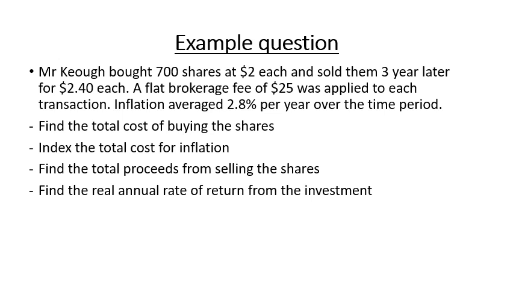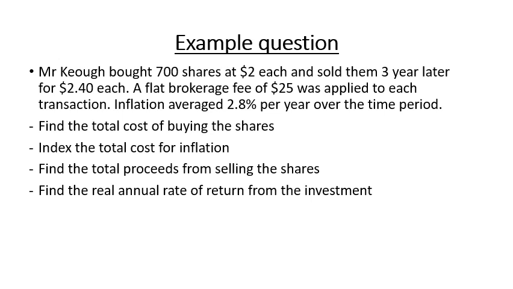A flat brokerage fee of $25 was applied to each transaction, and the inflation averaged 2.8% per year over the time period. So we're now going to figure out the total cost of buying the shares, index the total cost for inflation, find the total proceeds from selling the shares, and then I'm going to talk you through how to find the real annual rate of return for your investment.